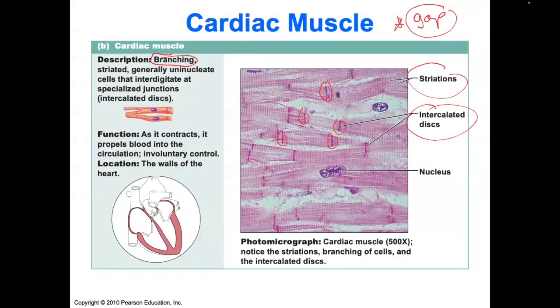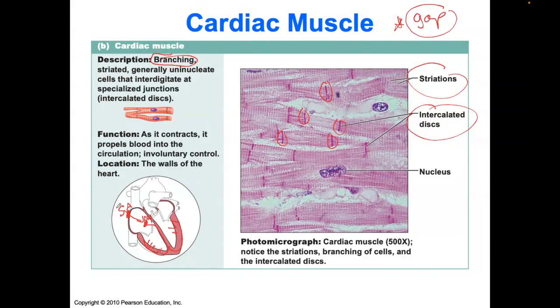And we need fast, rapid forms of communication when it comes to the heart because the heart has this electrical conduction system where we have the pacemaker that sits right here. We call that the SA node, and it's going to send the electrical current here to the AV node, and then it's going to send its current right down to the bottom where it will branch to the ventricles to make the ventricles contract.